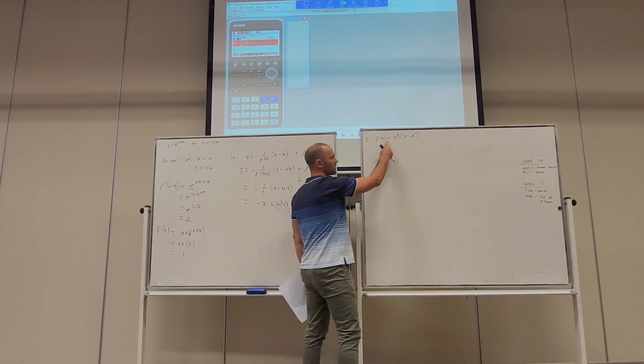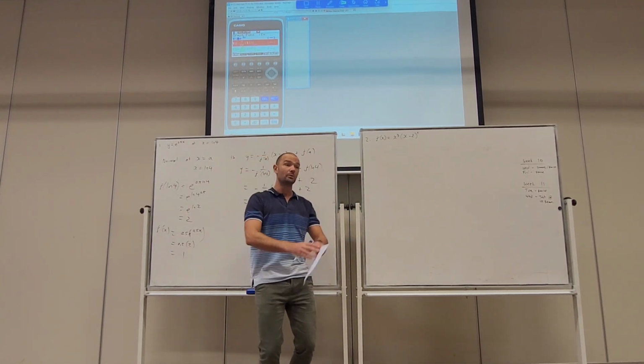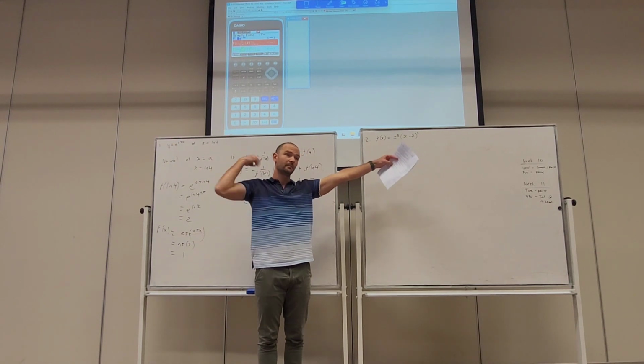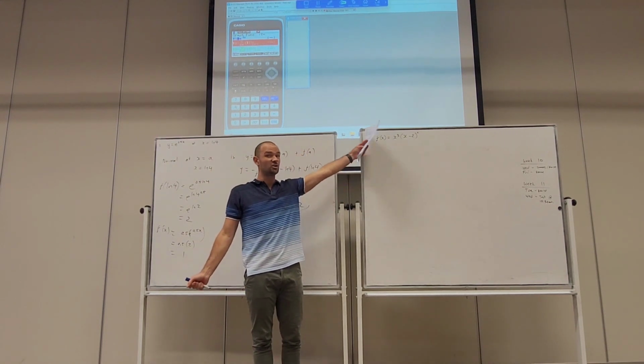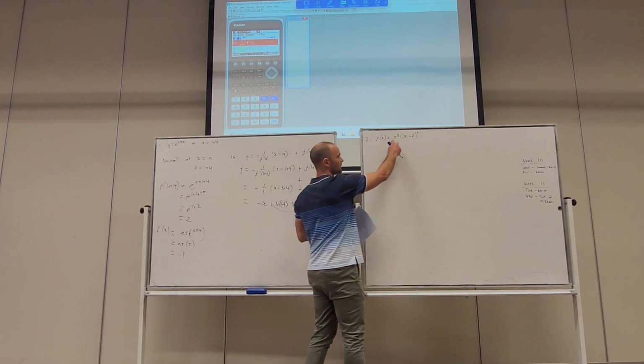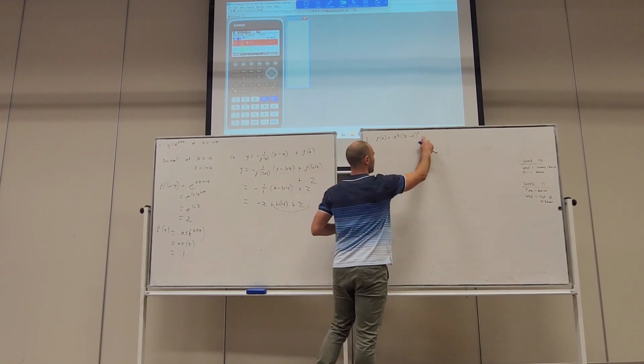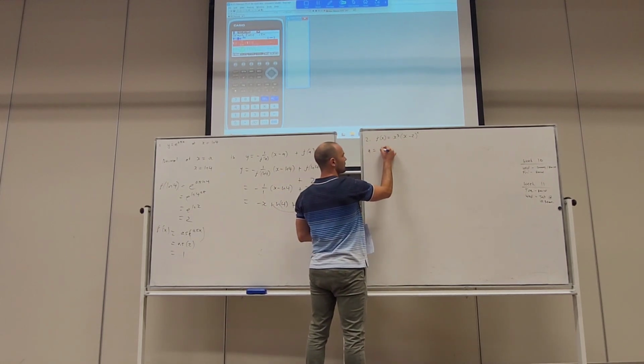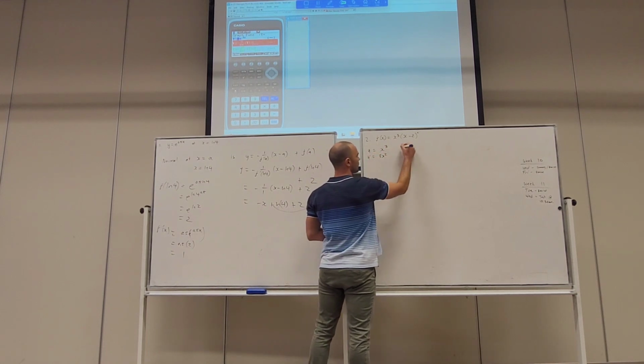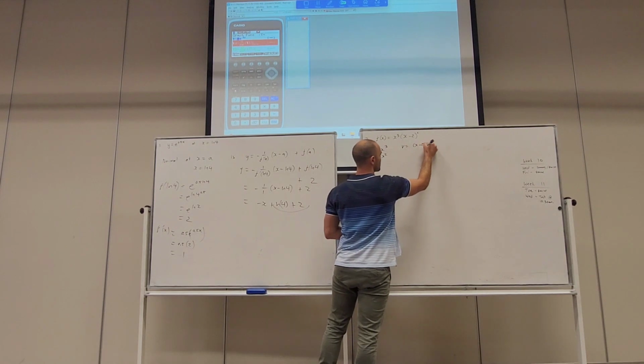So if we're going to differentiate this, we basically have two options. We could fully expand it and then use simple differentiation. That'll probably take just as long, really. Or we can use the product rule, u times v. Let's use the product rule. So we've got x to the 3, 3x squared. We've got x take 2 squared.